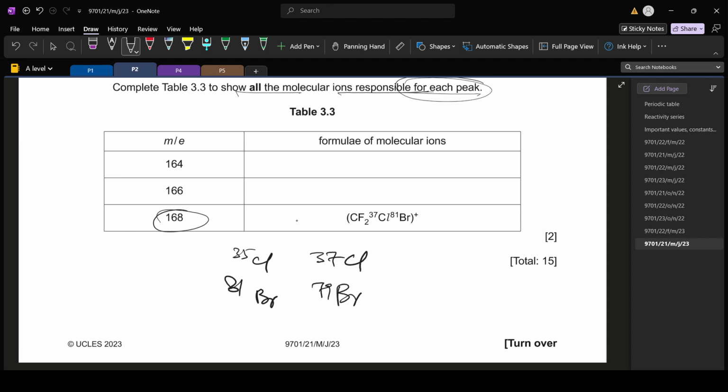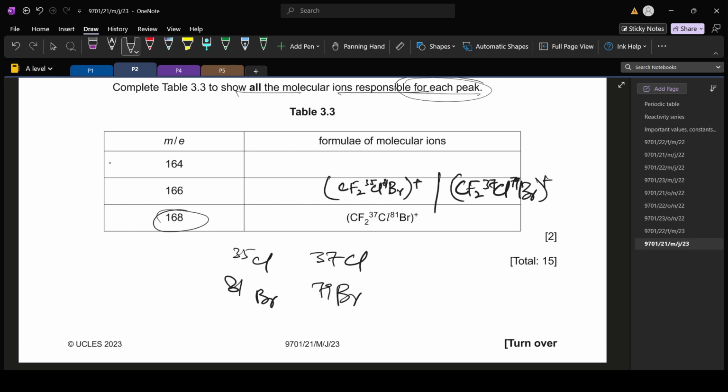So the peak at 168 is due to chlorine-37 and bromine-81. The peak at 166 could be due to CF2, chlorine-35 and bromine-81, and it could also be due to CF2, chlorine-37 and bromine-79.